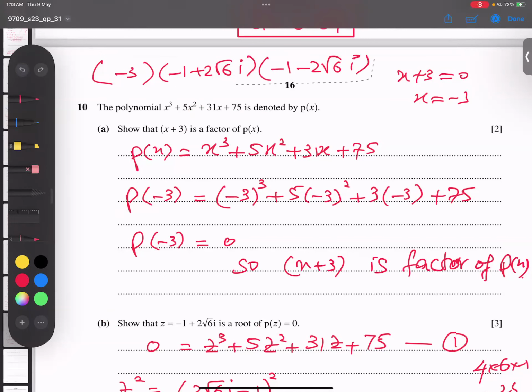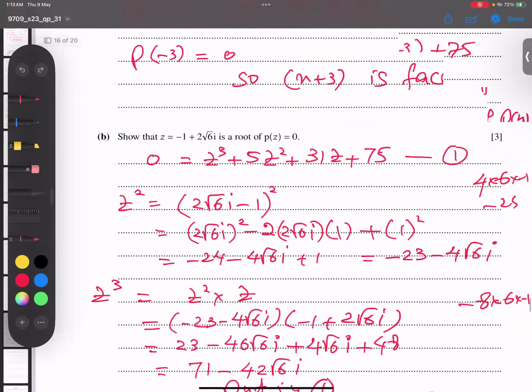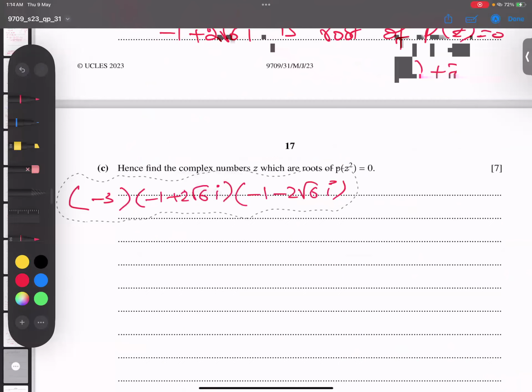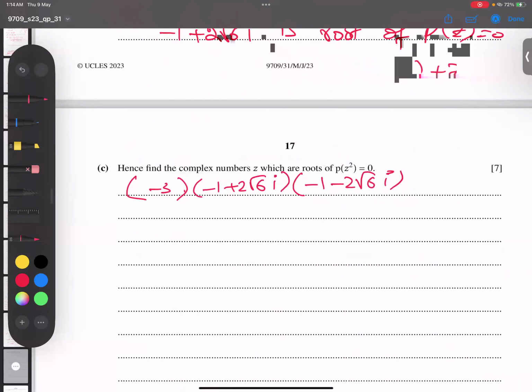So let me write all these three, with commas, as roots of P of Z equal to 0.